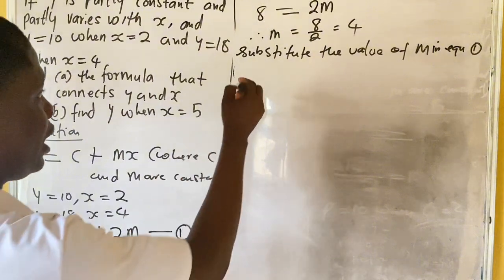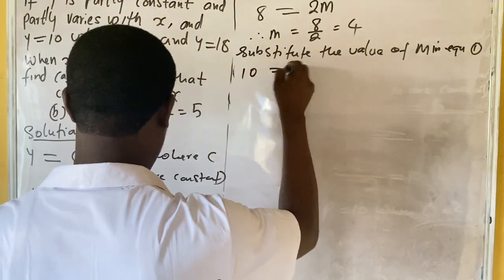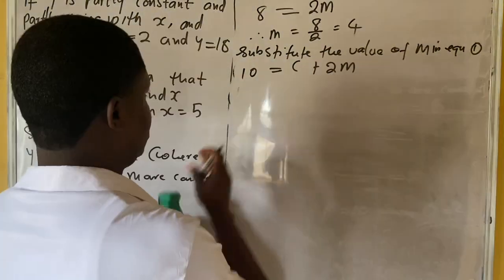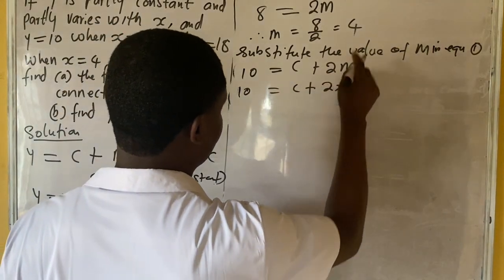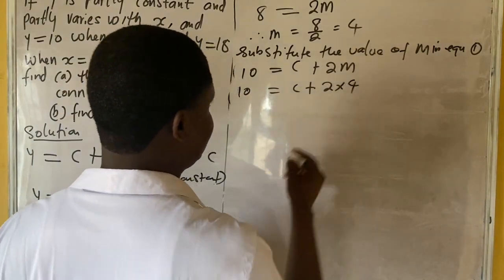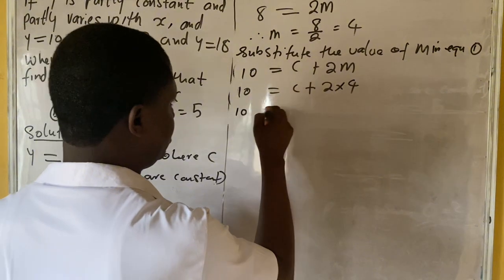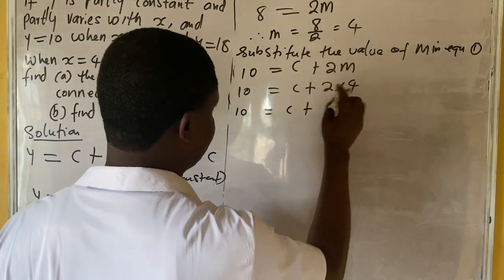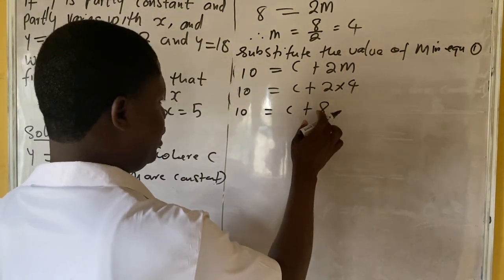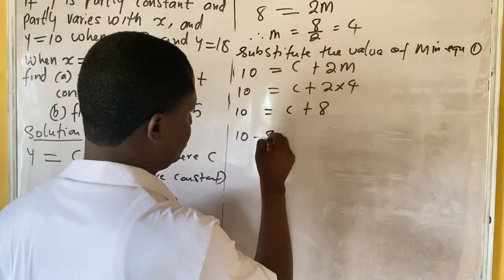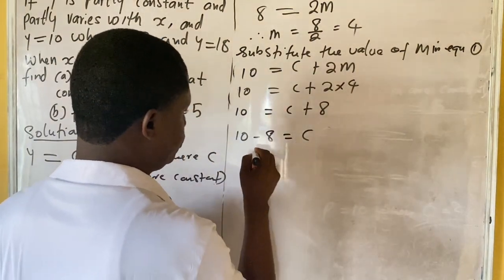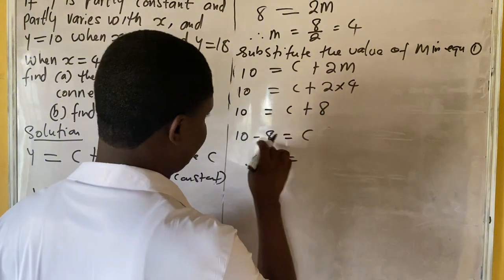So our equation 1 is 10 is equals to c plus 2 times m, and m is 4, so we have 2 times 4. 10 is equals to c plus 8. Taking 8 to this side, we're going to have 10 minus 8 is equals to c. So therefore, our c is equal to 2.